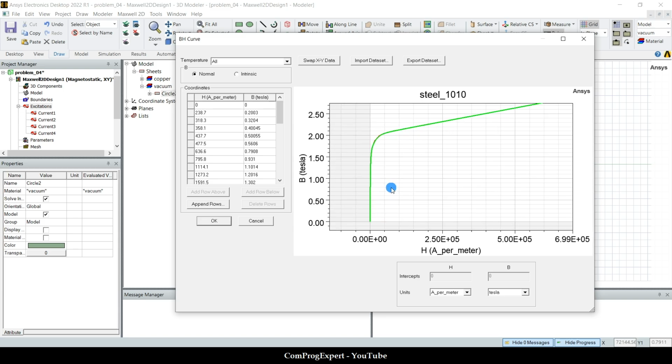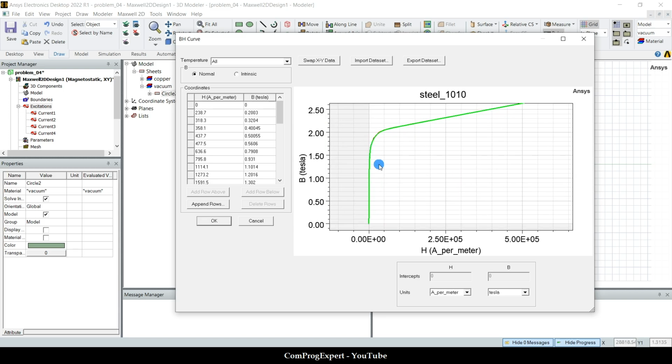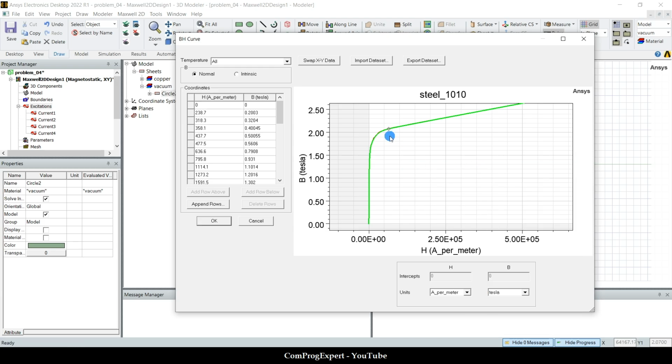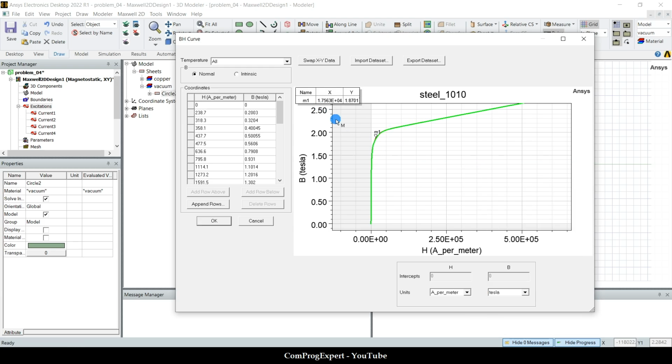And what is the value of the B for this material when the value of H is around 267? So I need to move here, here, and lower, 1.3 Tesla. You can follow this number.